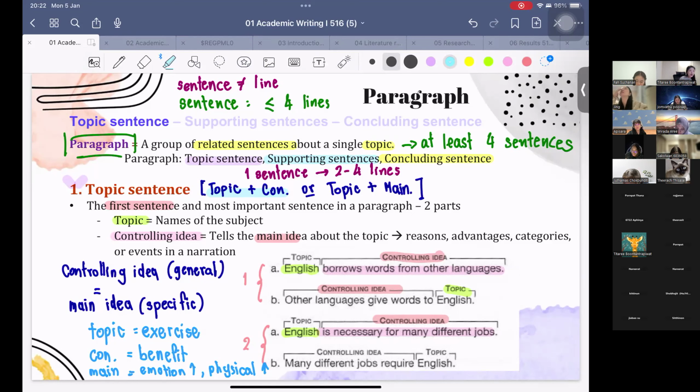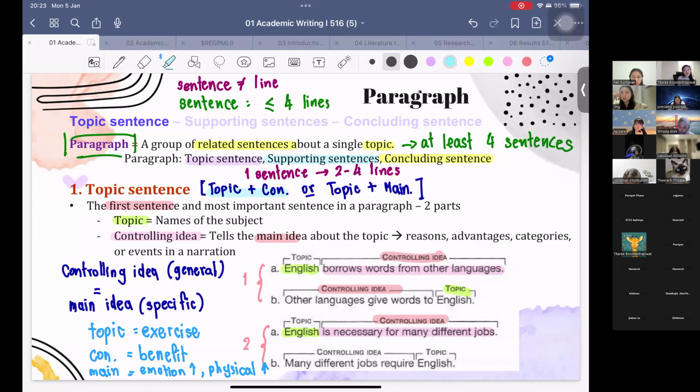So again, the examples for 1 and 2 are just like that. The topic for both is English. This is why you need to tell the controlling idea, because numbers 1 and 2 both talk about English. However, the first one talks about how this language borrowed words from other languages, but the second one talks about how English is used in different jobs.